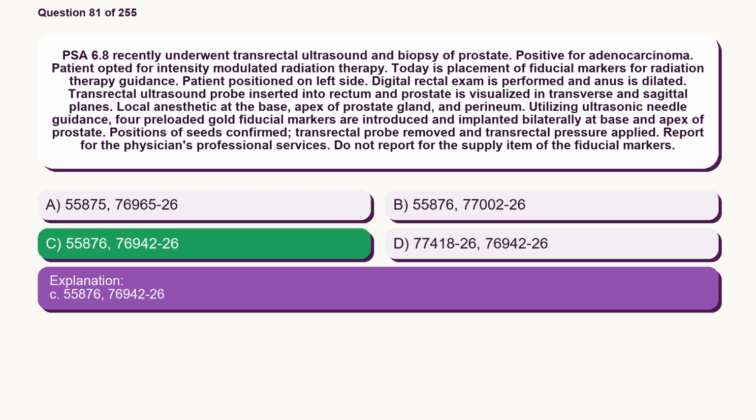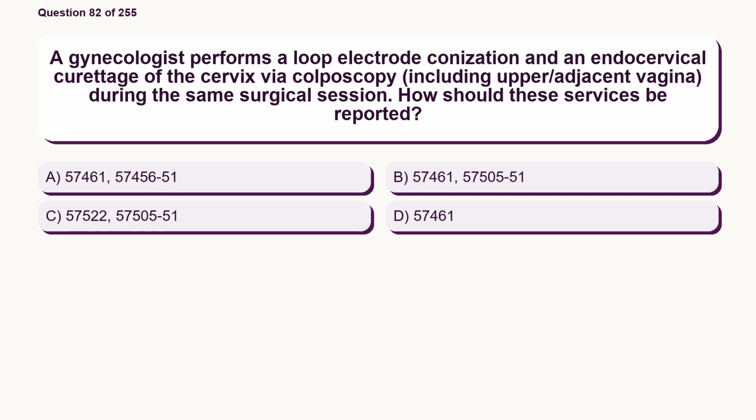Question 82. A gynecologist performs a loop electrode conization and an endocervical curettage of the cervix via colposcopy, including upper/adjacent vagina, during the same surgical session. How should these services be reported? Option A, 57461, 57456-51.